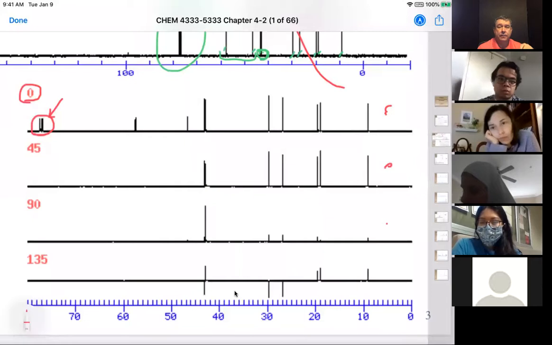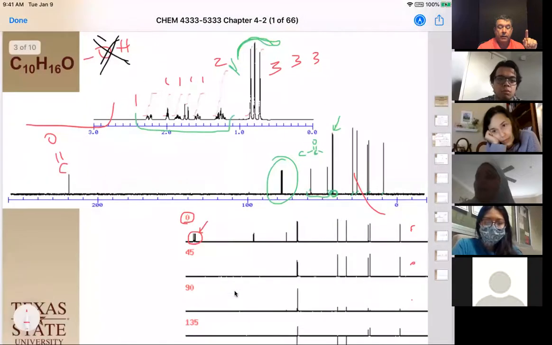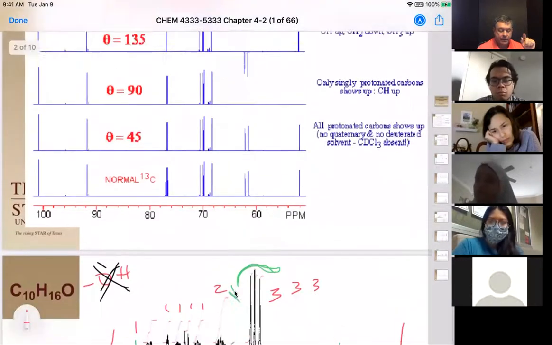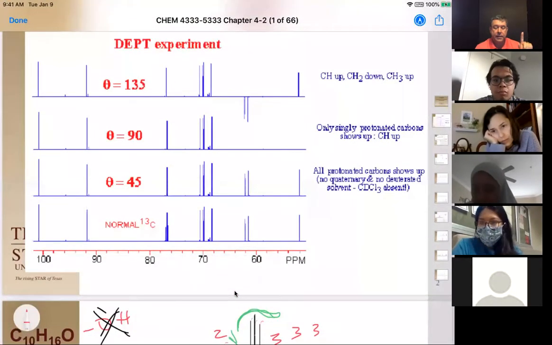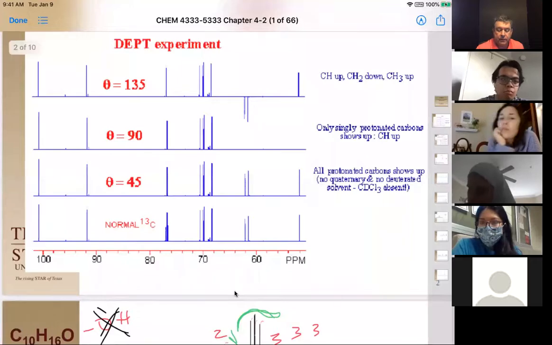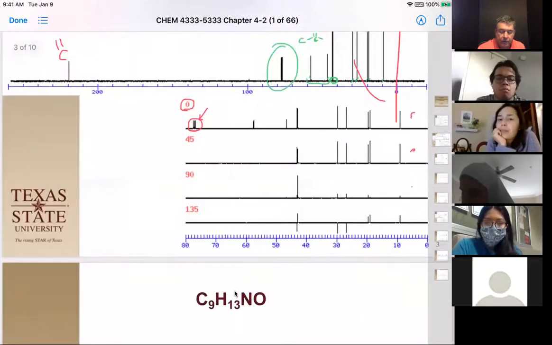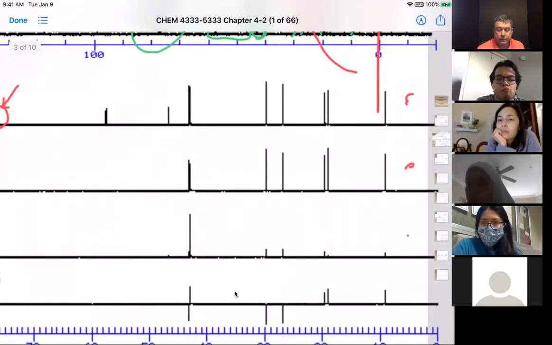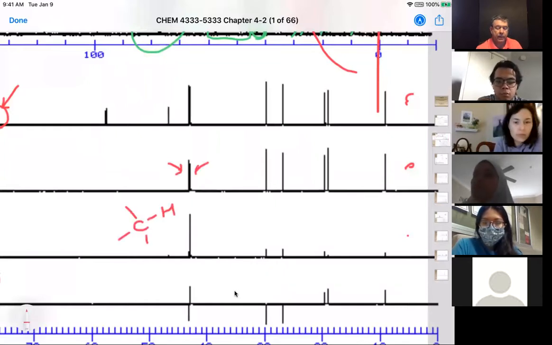What does 90 tell us? CH? CH, just one H? Yes. So the 90 degrees tells us CHs are up. So that means only 1 carbon has a CH on it. Okay. So it looks like one of these has a CH and the other one looks like it went away.